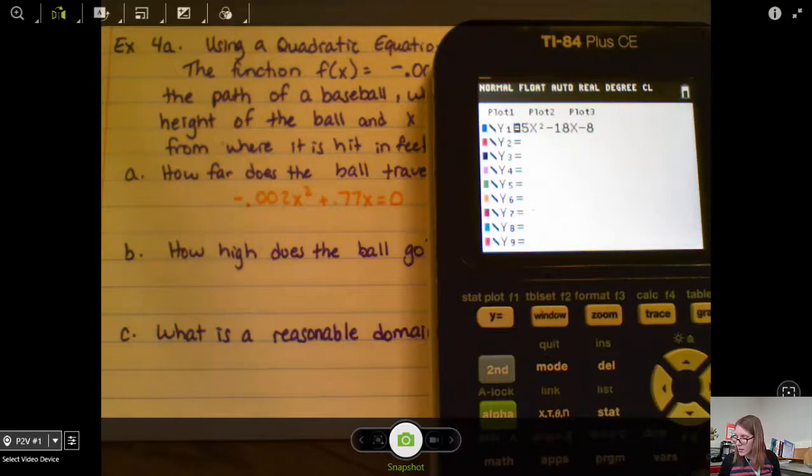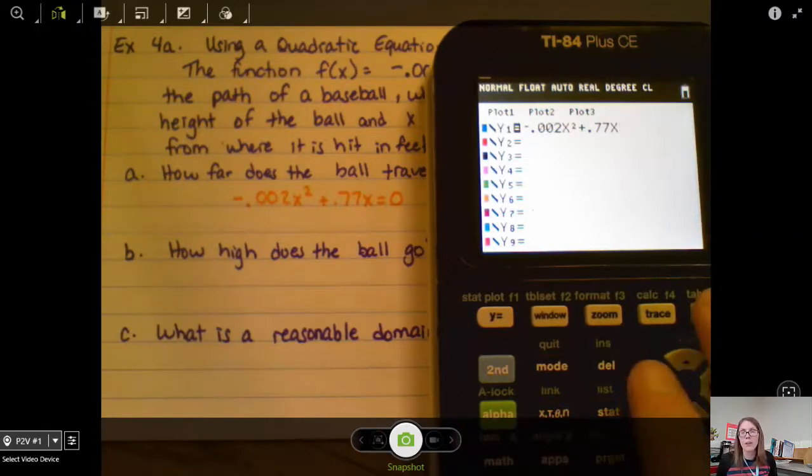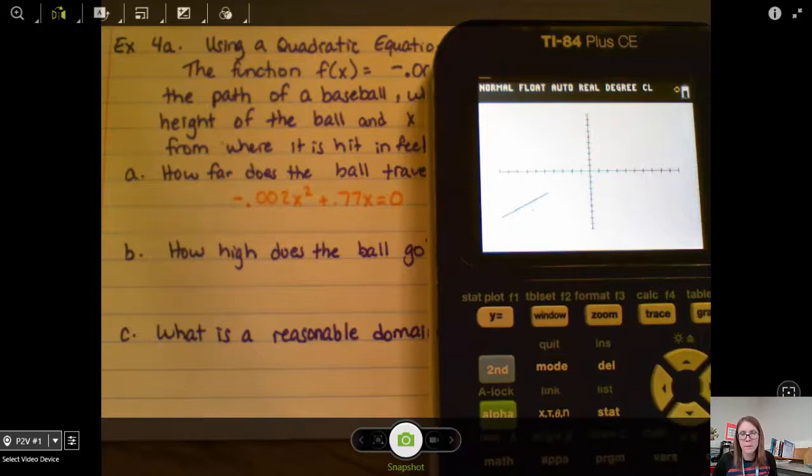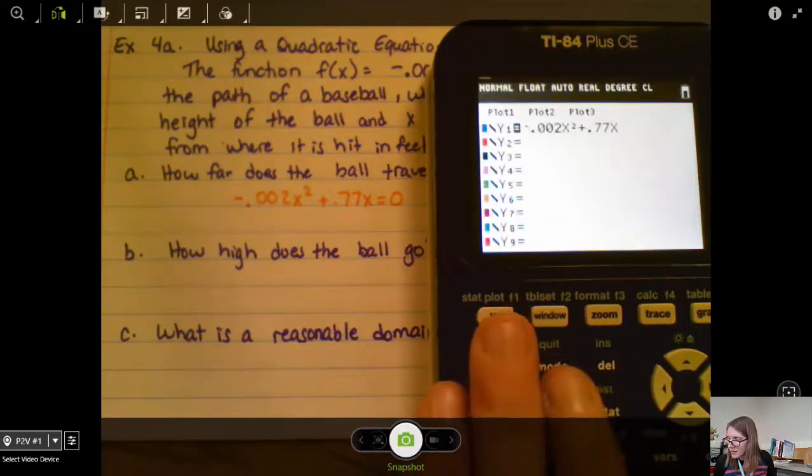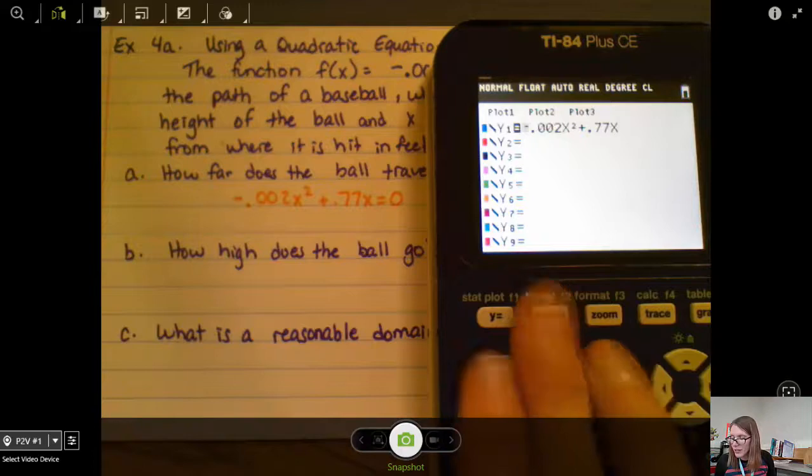Go to y equals negative 0.002x squared plus 0.77x. And let's see what we're dealing with here. All right. Well, oops. We're going to have to adjust our window a little bit.